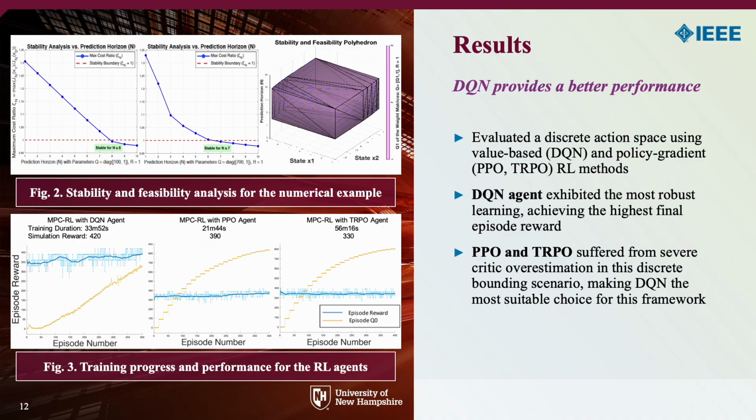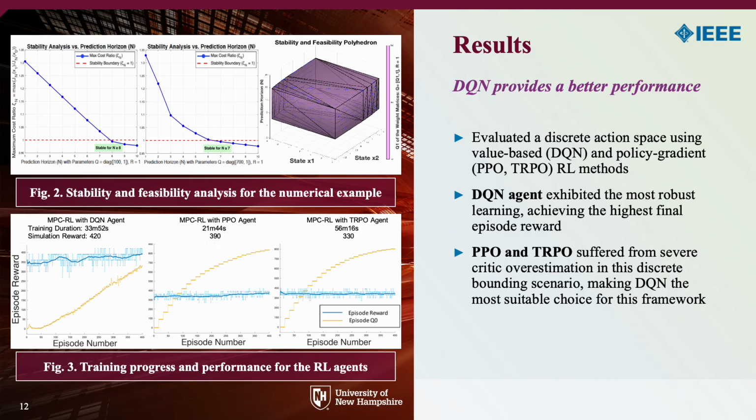To validate our framework, we conducted a simple numerical evaluation comparing three RL algorithms: DQN, PPO, and TRPO. Since we utilize a discrete pre-certified action space, value-based methods like DQN are well suited here.